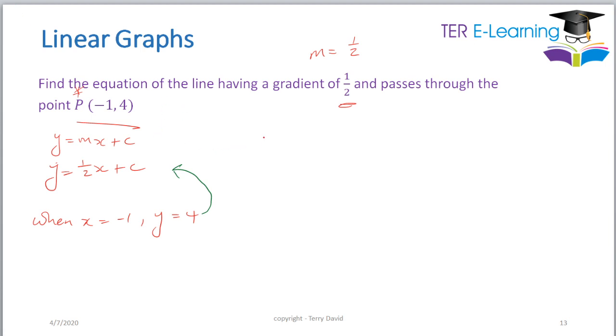So therefore, 4 is equal to a half multiplied by x, which is minus 1, plus c, right? So therefore, I can write this over as a half multiplied by minus 1 plus c is equal to 4. So minus a half plus c is equal to 4. Therefore, c is equal to 4 plus a half, right?